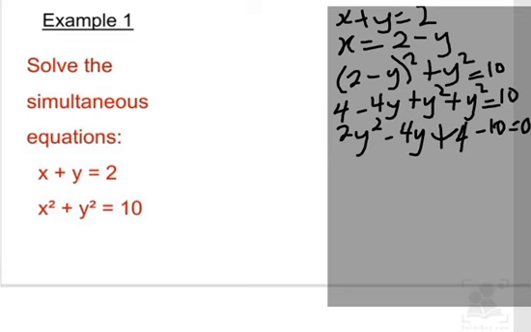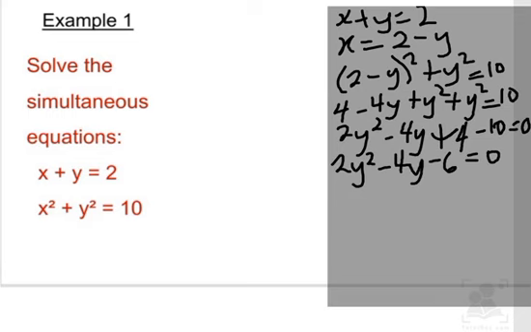So in mathematics you write 0 to represent the emptiness on the other side. Now I have 2y squared minus 4y minus 6 equals 0.